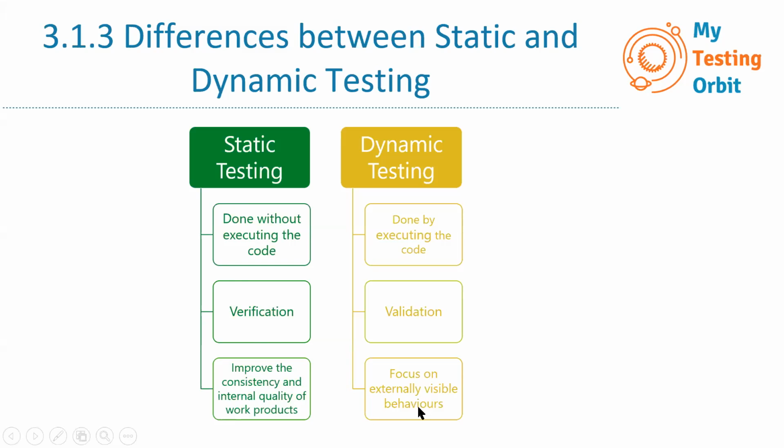In dynamic testing, focus is more on externally visible behavior because it's more focused on the functionality of the system. So if we are testing any project, then we are more focusing on the UI, etc., just to make sure that the project is doing what it's supposed to do.